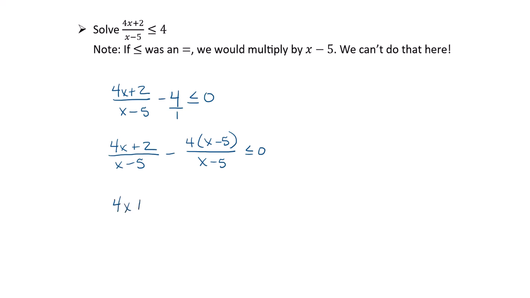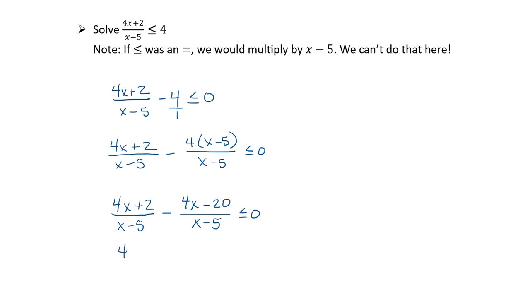Now I can say this is 4x plus 2 over x minus 5 minus 4x minus 20 over x minus 5 is less than or equal to 0. Now I'm going to have to subtract these fractions. Now remember, we have to subtract this entire numerator, not just the first term of it.